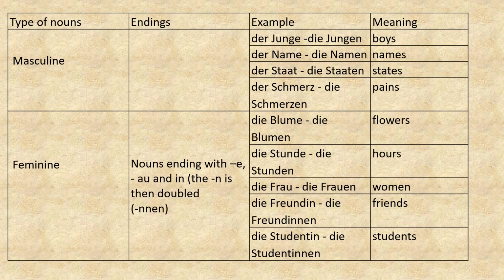Please note, in feminine, n is doubled. Now let us see some examples in feminine. Die Blume, die Blumen, die Stunde, die Stunden, die Frau, die Frauen, die Freundin, die Freundinnen, die Studentin, die Studentinnen.